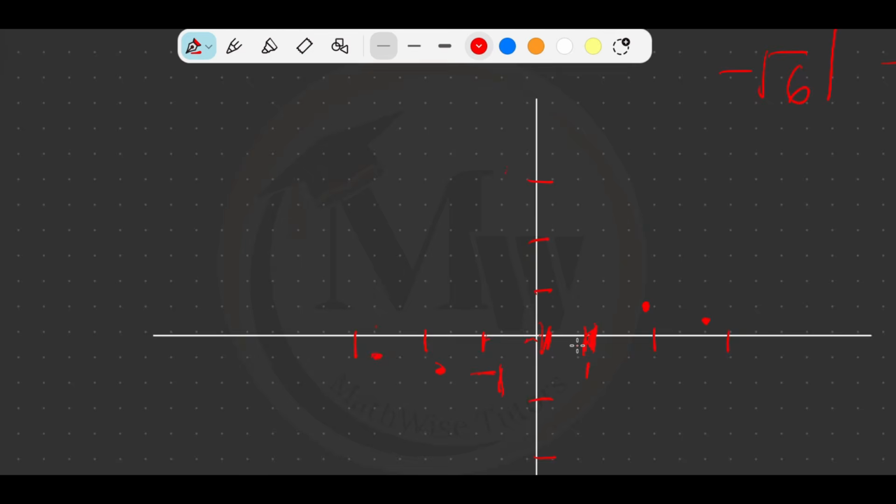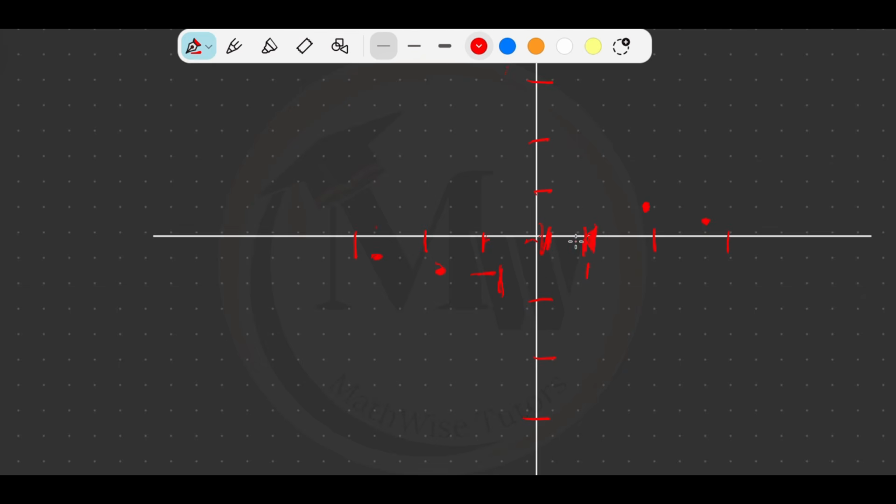By using the y values, we notice that the function at 1 touched the graph, here at negative 1 it touched the graph, and between 0 to 1 it's down, and then it's increasing and then decreasing, and then it's going to the horizontal asymptote.